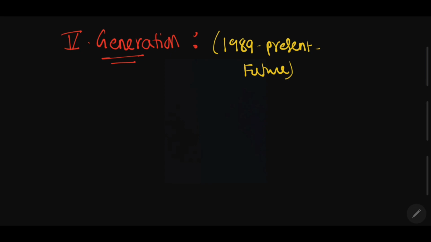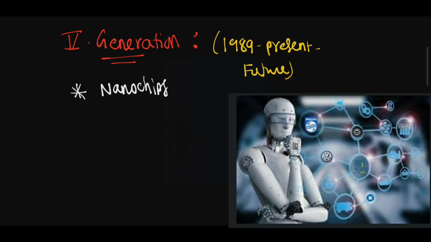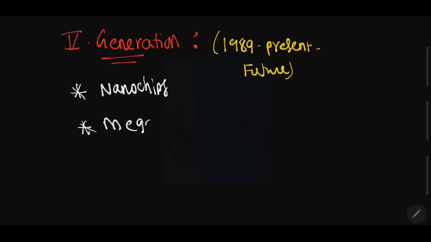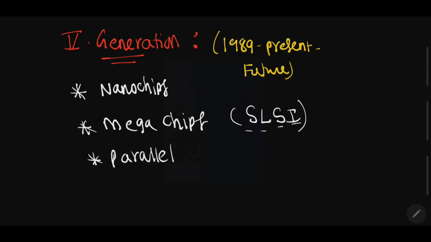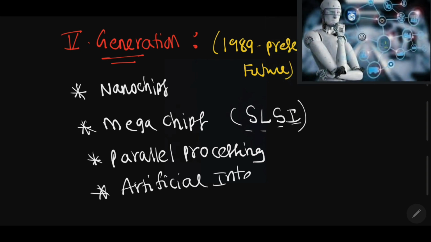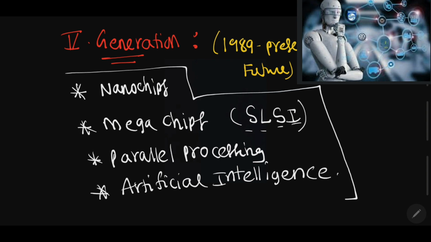Okay, in this fifth generation, nano chips, mega chips, that means SLSI technology, super large scale integrated chips, and parallel processing, artificial intelligence: this is the technology of fifth generation computers.